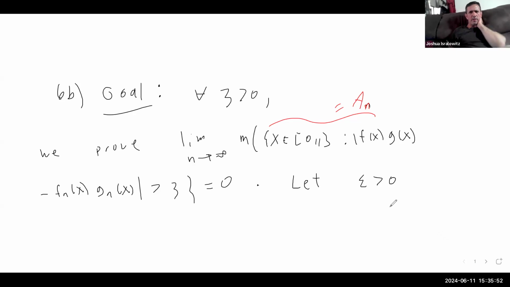Okay, so we need to do some manipulations with set inclusions, nothing too bad.